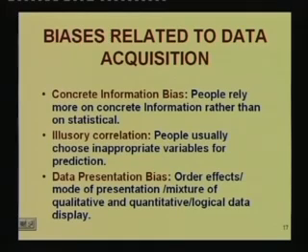Illusory correlation. Sometimes people choose inappropriate variables for prediction. So we tend to correlate with variables that really cannot be correlated. It is like believing in fortune telling. Someone tells you that if you look right and you find a crow, you will do well.